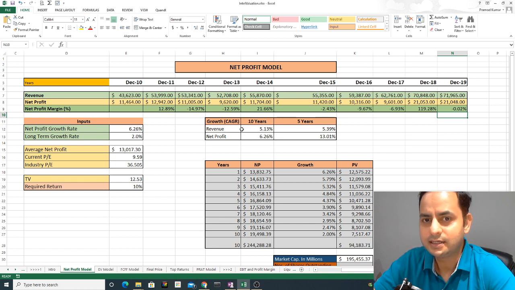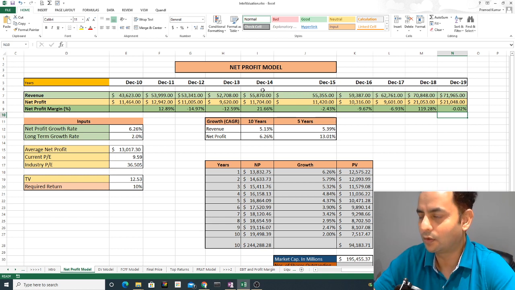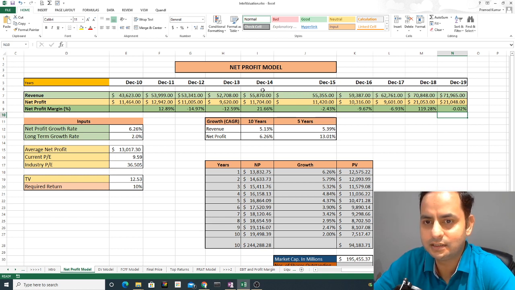As compared to the 10 years, I also like to see how the company is doing in the recent 5-year time period, because 10 years is a pretty long time period. The 5-year growth is 13%, which is way good, which implies the company has almost doubled the bottom line. So that is good.